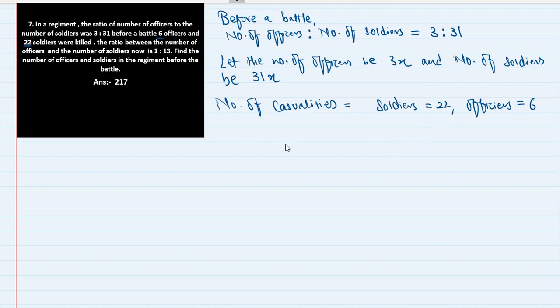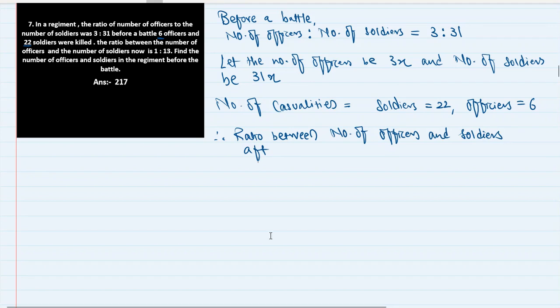Okay, so therefore ratio between number of officers and soldiers after a battle is equal to 1 is to 13.